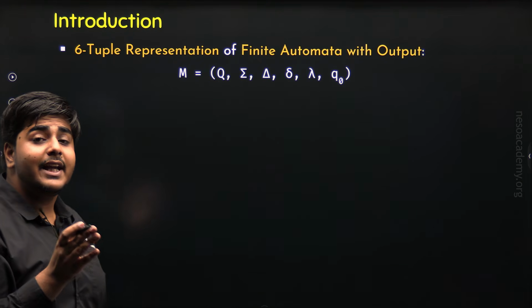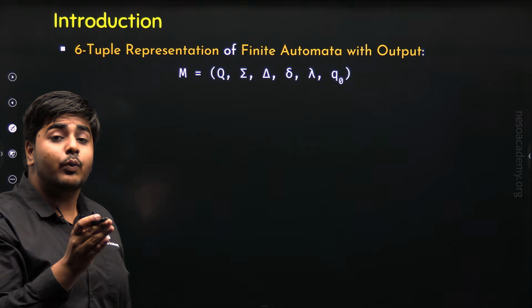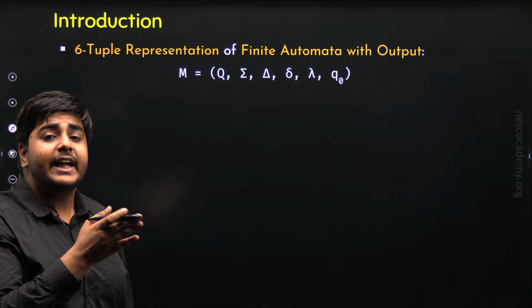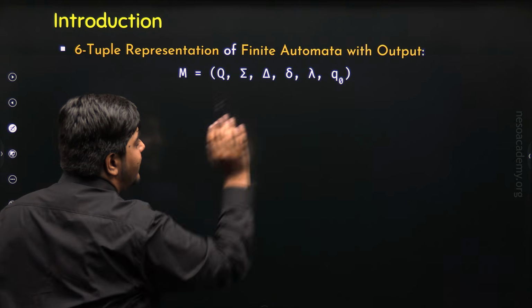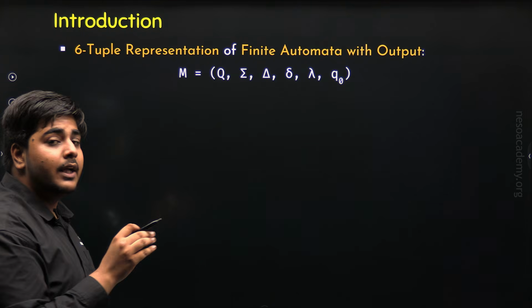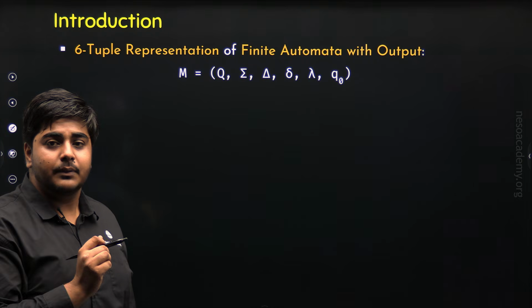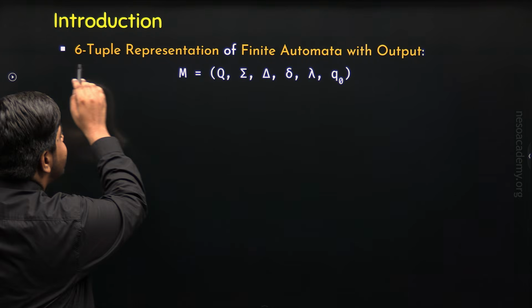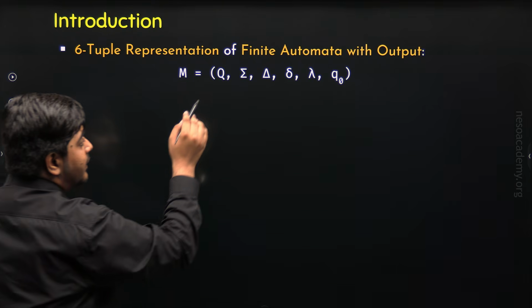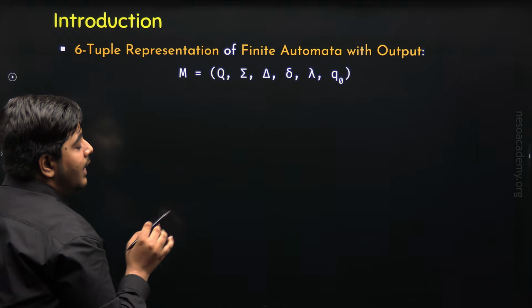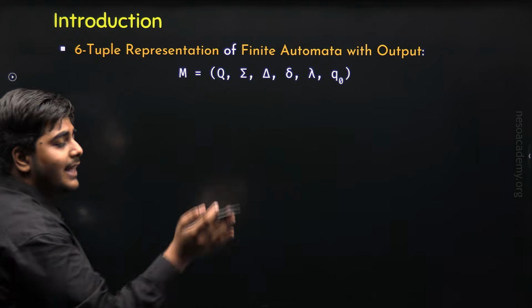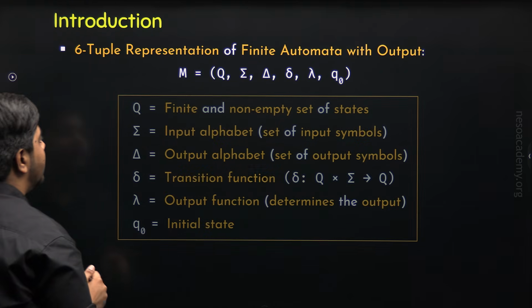If you remember, in case of finite automata without output, DFA, NFA, epsilon NFA, we had only 5 elements. That is why they are called 5-tuple. But here we have a 6-tuple representation because we have a tuple containing 6 elements. Now let's understand each of these elements one by one.